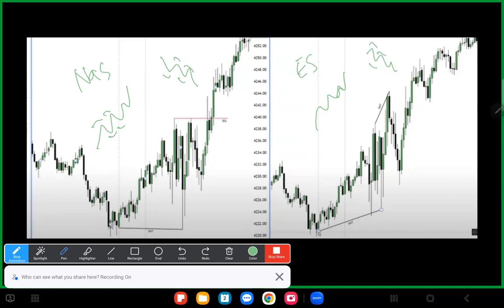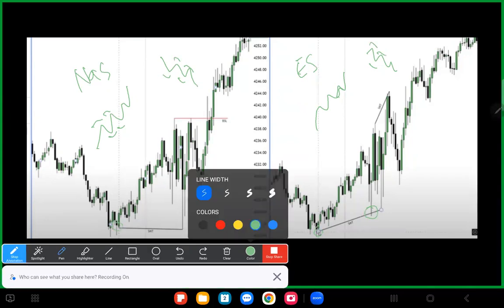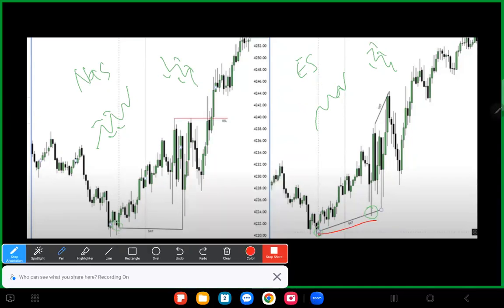What we see here is that this low right here and this low right here happen at the same time. And then this low on ES is actually higher than this low right here. So on NASDAQ, it's taking out liquidity, but on ES, it's failing to take out liquidity.